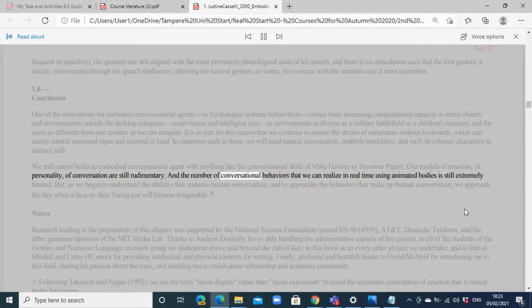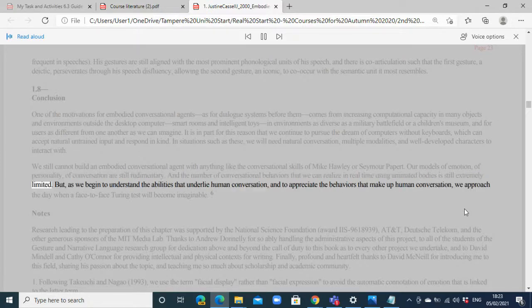And the number of conversational behaviors that we can realize in real time using animated bodies is still extremely limited. But, as we begin to understand the abilities that underlie human conversation, and to appreciate the behaviors that make up human conversation, we approach the day when a face-to-face Turing test will become imaginable.